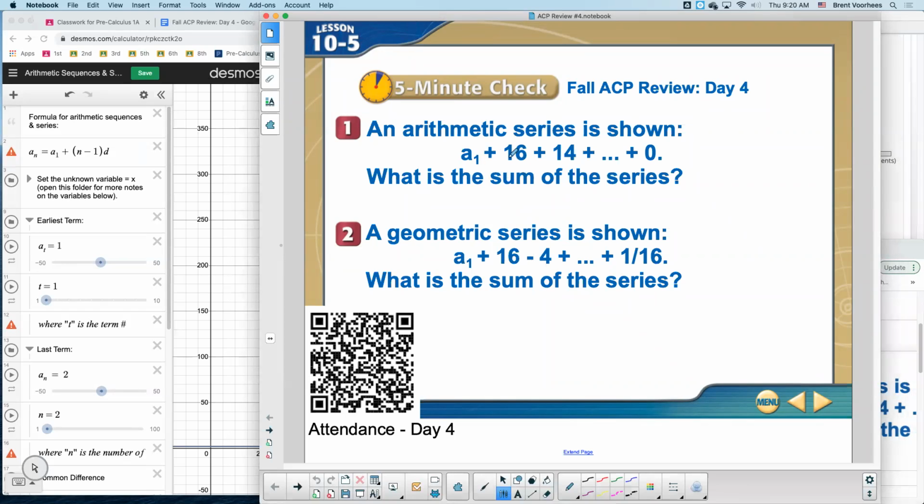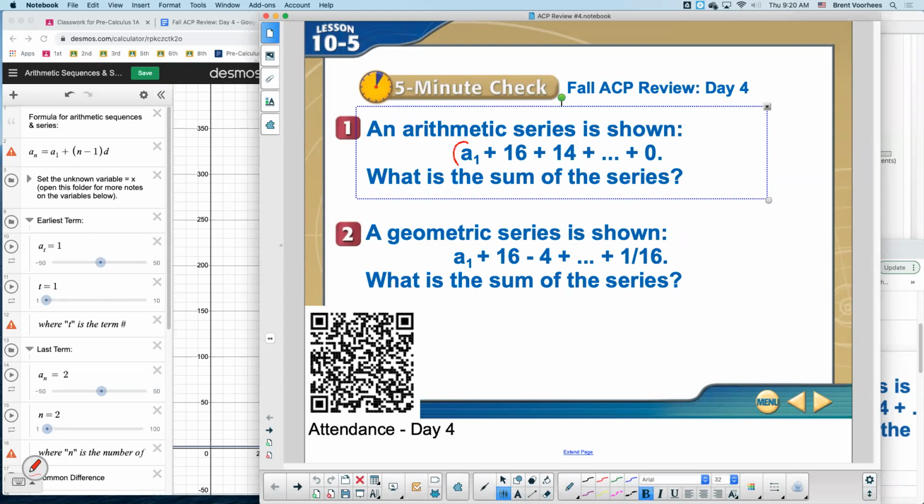All right, so on our problem here, see if my board's working. I haven't even clicked it yet. The earliest term that you see is which value? Please speak up. Which is the earliest term you see listed here? That's right. It's A1. That's the earliest term listed. Now, question.